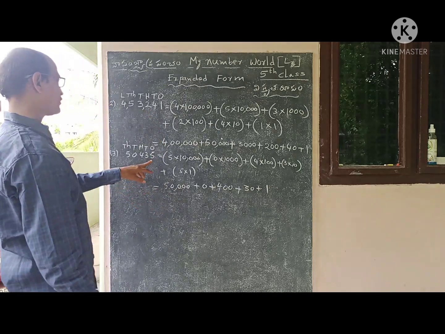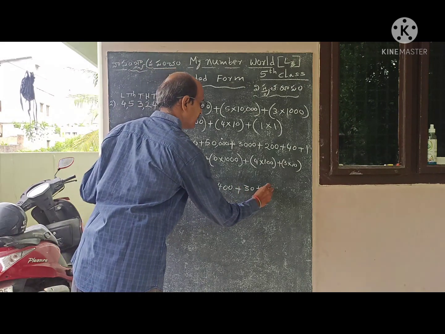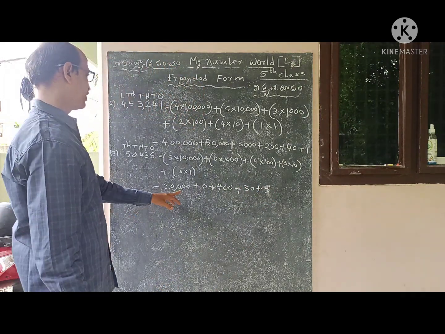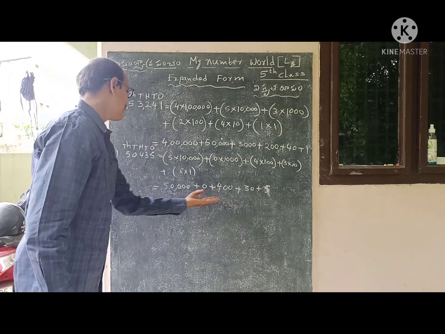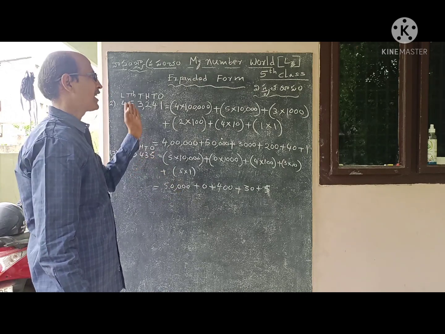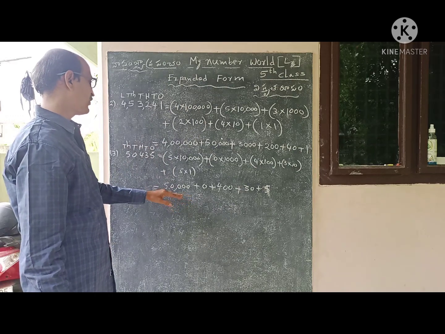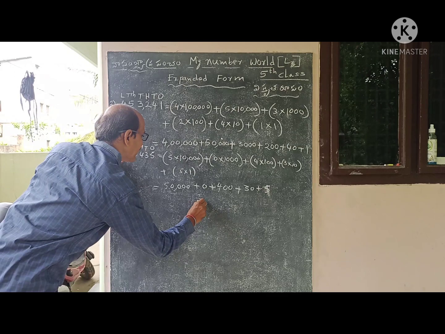5 into 1 is 5. Sorry. Okay, write this: 50,435. If you add all these numbers, you will get this number. This is the short form. Expanded form is the reverse of short form. If you want to write the short form of the number, first write the 50,000 here.